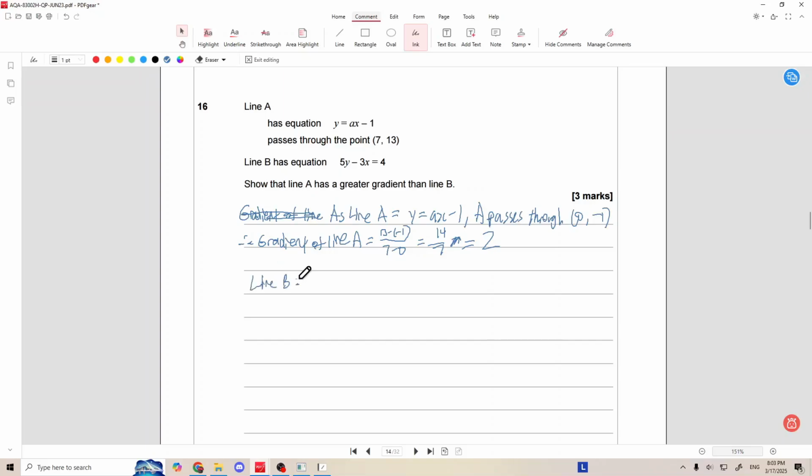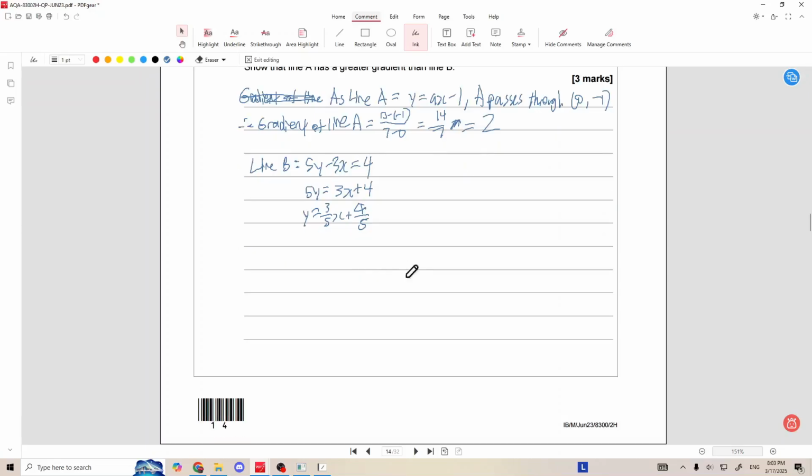Now line B is 5y minus 3x equals 4. So 5y equals 3x plus 4, y equals 3 over 5 x plus 4 over 5. So the gradient of line B equals 3 over 5.